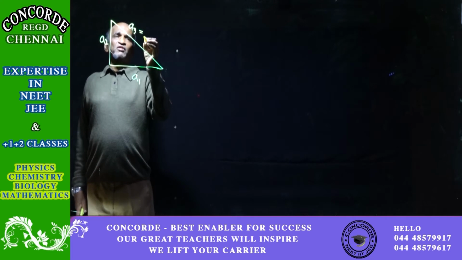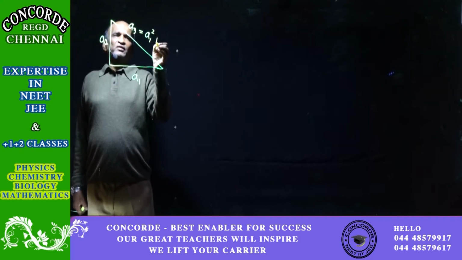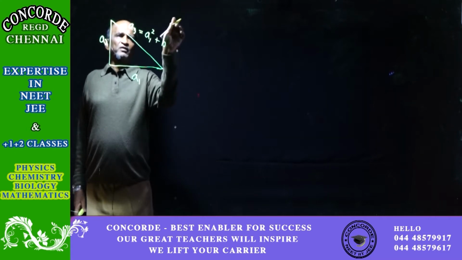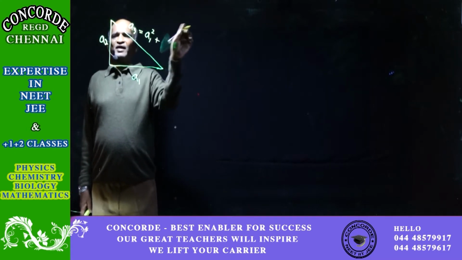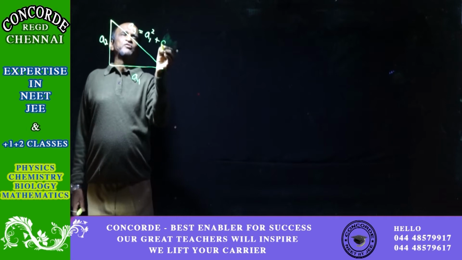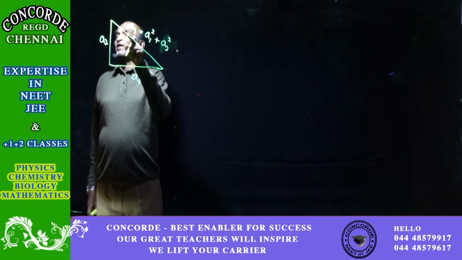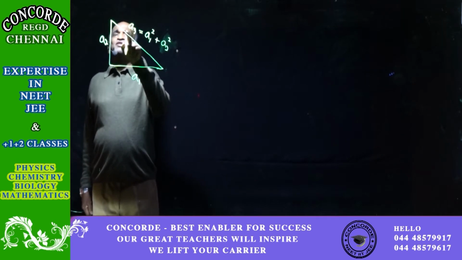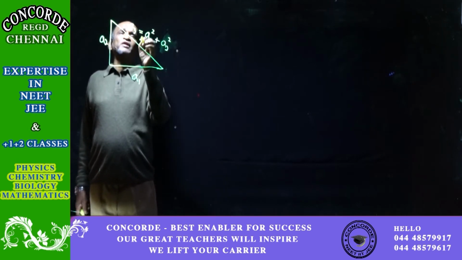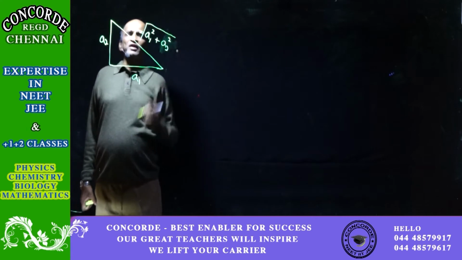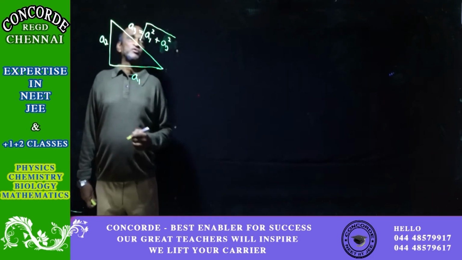So this will be equal to A square plus B square. That B is now here equal to A2. That will be C square. So C will be the square root of this, which means it will be equal to the square root of A1 square plus A2 square.